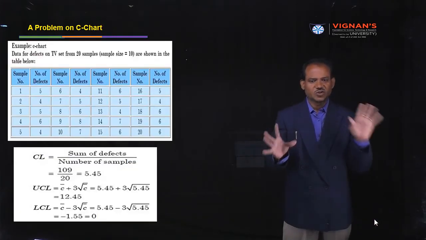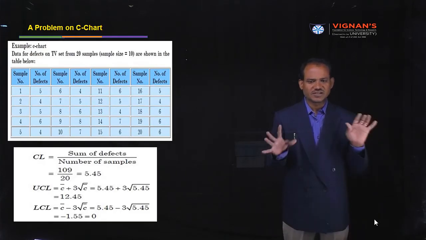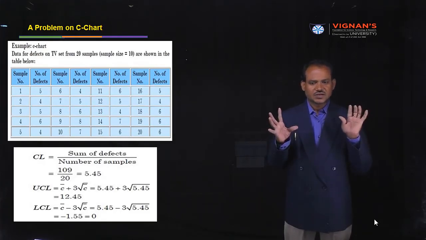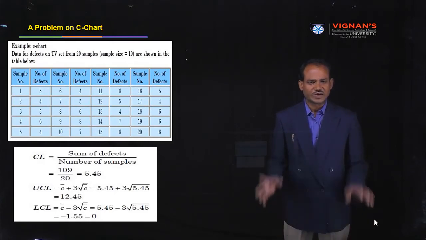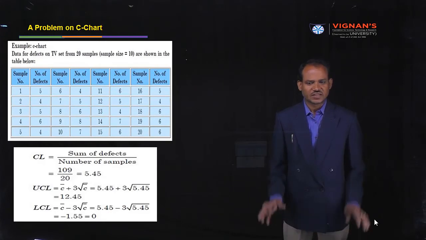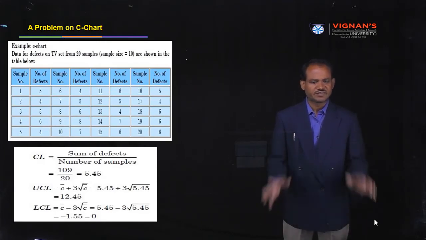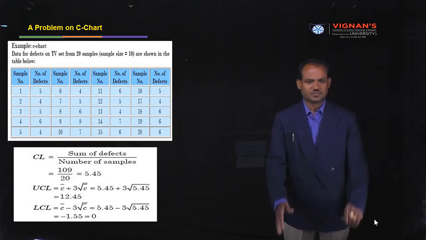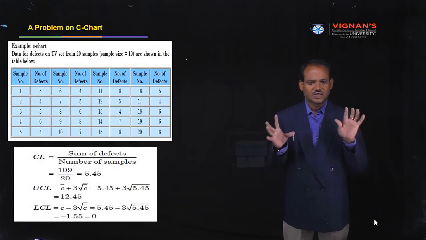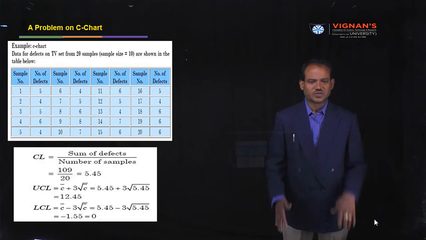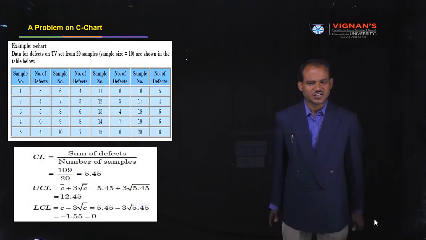In this slide, you are observing a problem on C chart. So the data is given for defects on TV set from 20 samples. Sample size is 10, as shown in the table below. TV set means only one item. Number of defects are found in the same unit. Therefore, which type of chart is suitable?